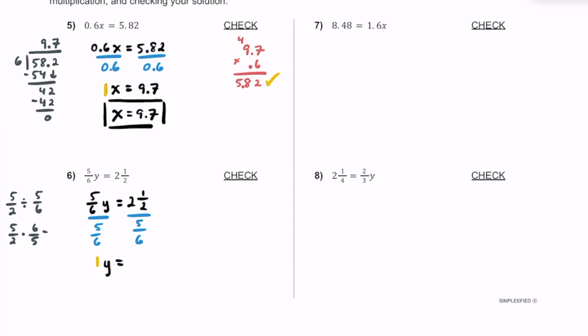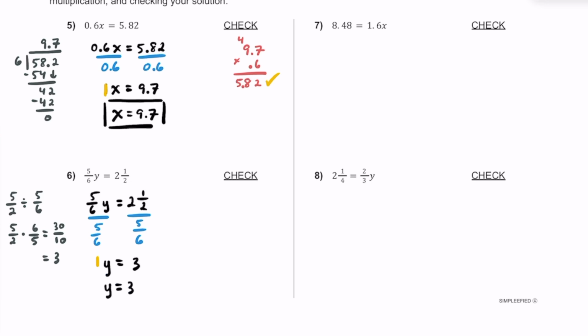And notice this is just going to be 30 over 10, and that simplifies down to 3. So we can say 1y is equal to 3, because it turns out that 2 1/2 divided by 5/6 is 3. That just means that this 5/6 fits into 2 1/2 3 times. Using the identity property, you don't need to write this 1 in front of y because 1 times y is just going to be y.